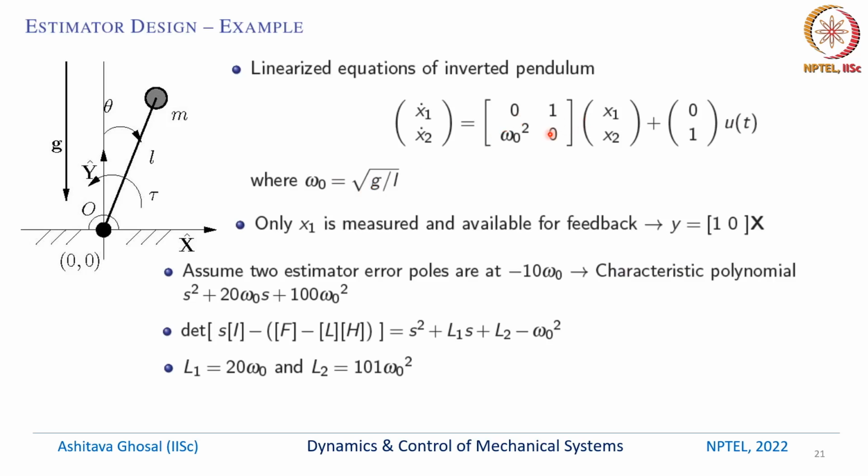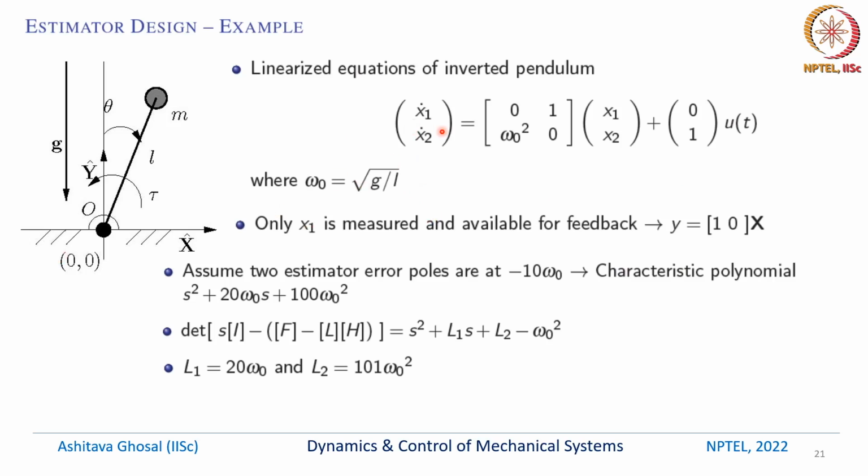So what you can see is that this is an unstable system. Why? Because the eigenvalues of this are plus minus omega naught. Okay, so it is on the real axis. There is one which is on the left half plane and one which is on the right half plane. Let us continue.